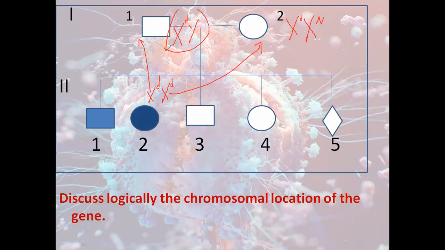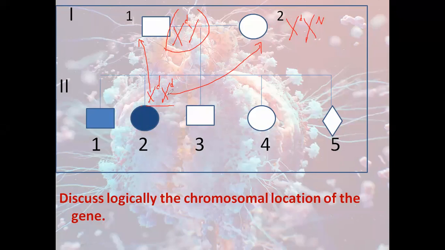So here I deny it first on the Y. We said first, since we have a female who is affected, it's not the case, so it's not found on the Y. Next, on the X, sorry, if it's found on the non-homologous part of X, every affected daughter should have an affected father. Here it has XD XD.